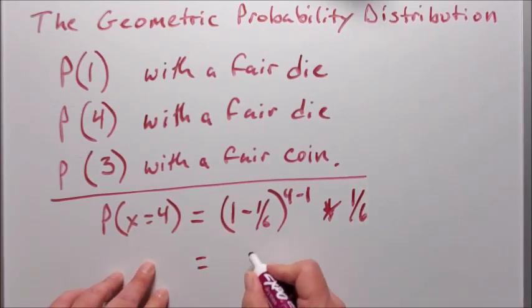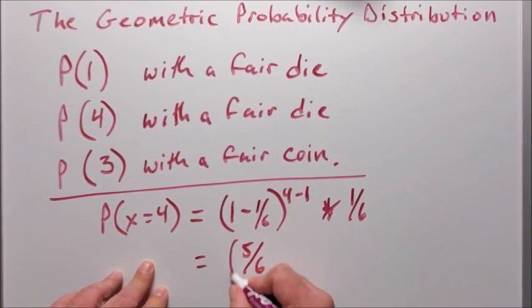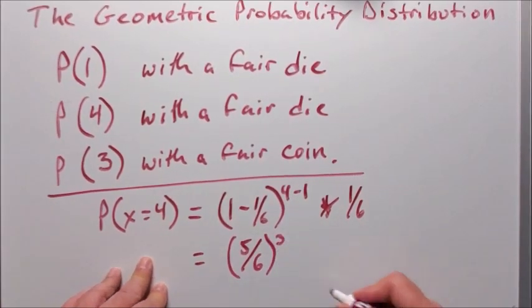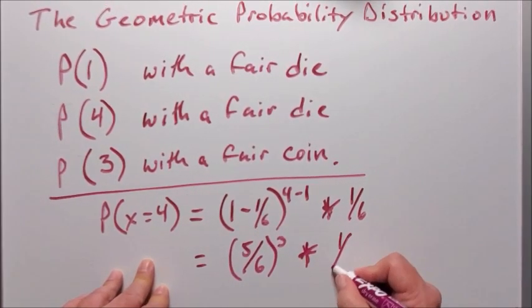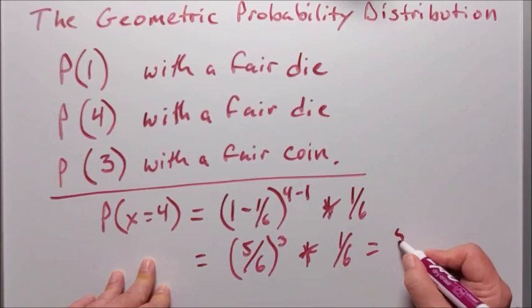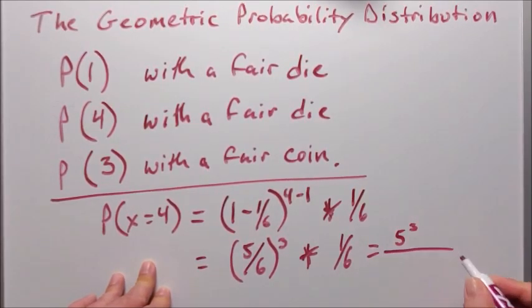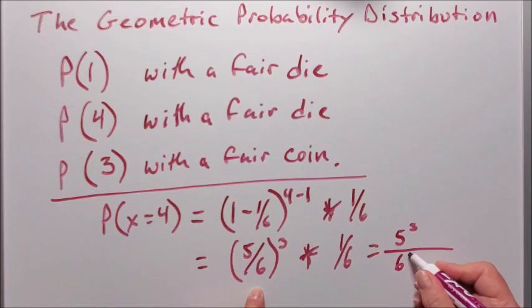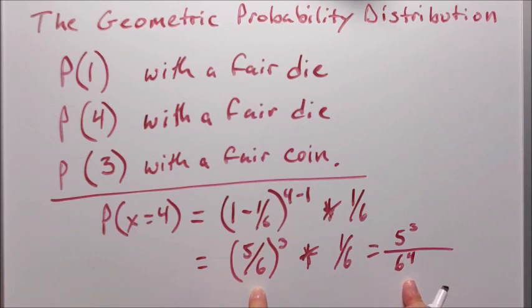So what we have is 5/6 to the third power times 1/6. And that's going to be 5 to the third power over 6 to the fourth power. I'm going to let you figure that out. That is not a 64. That's 6 to the fourth power. Before anybody messages me, let's make that obvious. You can figure that out. Your phone even has a calculator on it, so you can figure out what that is, and that's going to be the probability.